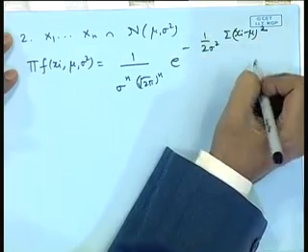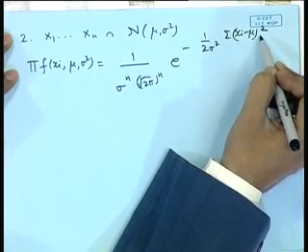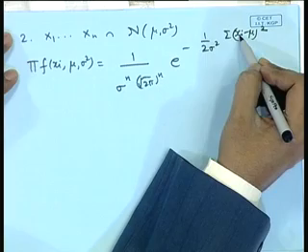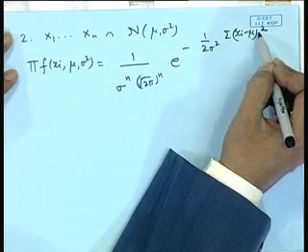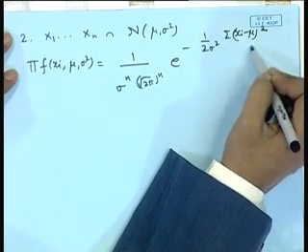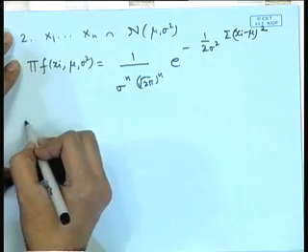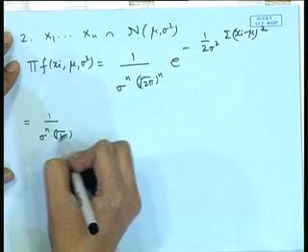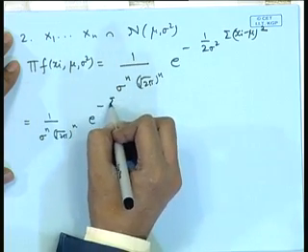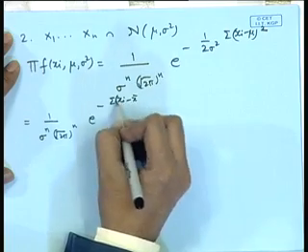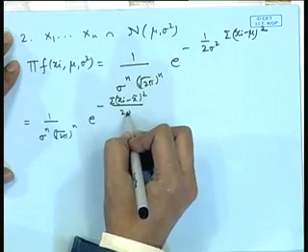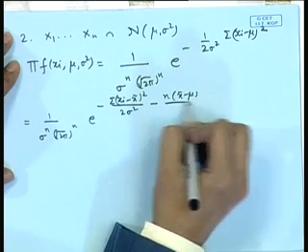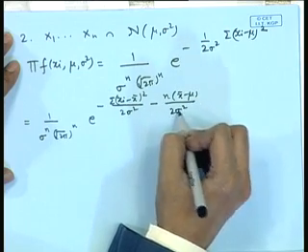Now, if we write the term like this, it is not easy to understand what will be a sufficient statistic, because here all the observations are coming into the picture. So, we do a slight algebraic simplification. We can write it as 1 by sigma to the power n root 2 pi to the power n, e to the power minus sigma (x_i minus x bar) whole square by twice sigma square, minus n (x bar minus mu) whole square by 2 sigma square.